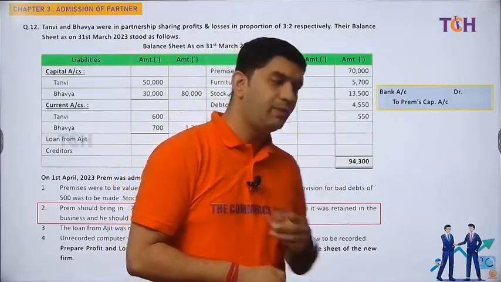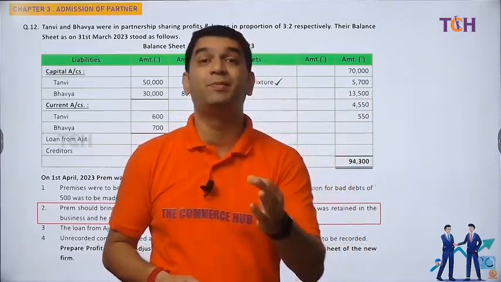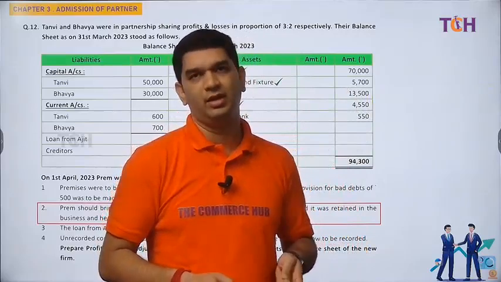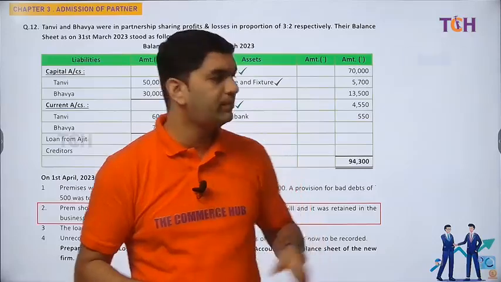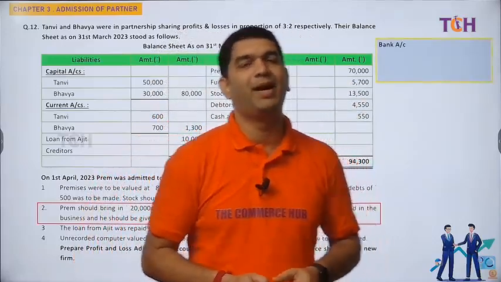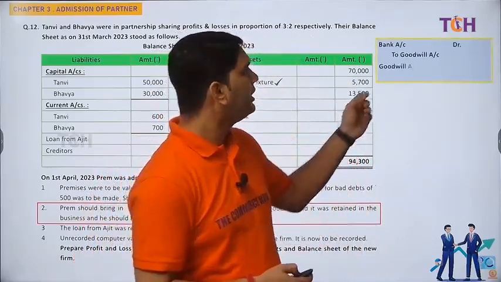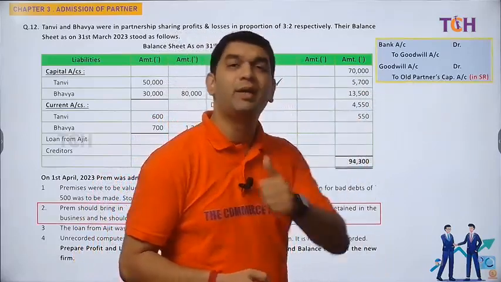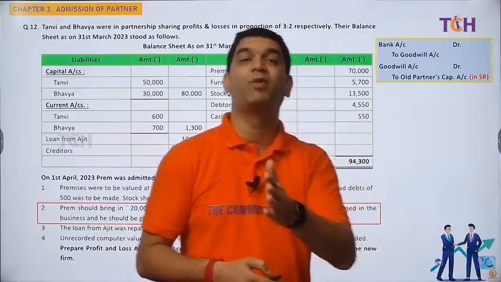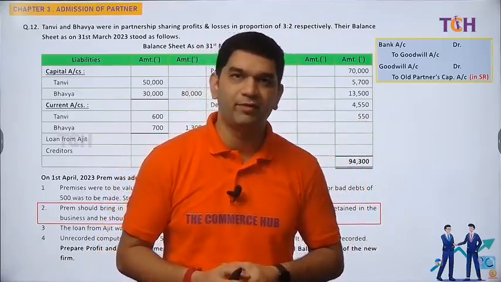Then moving further, about goodwill, it is clearly mentioned Prem is bringing his share of goodwill. So that means the new partner is paying premium. The entry would be bank to goodwill, goodwill to old partners. It will be distributed among old partners in the sacrifice ratio. So this is treatment 1 of goodwill, whatever theory part we have done.